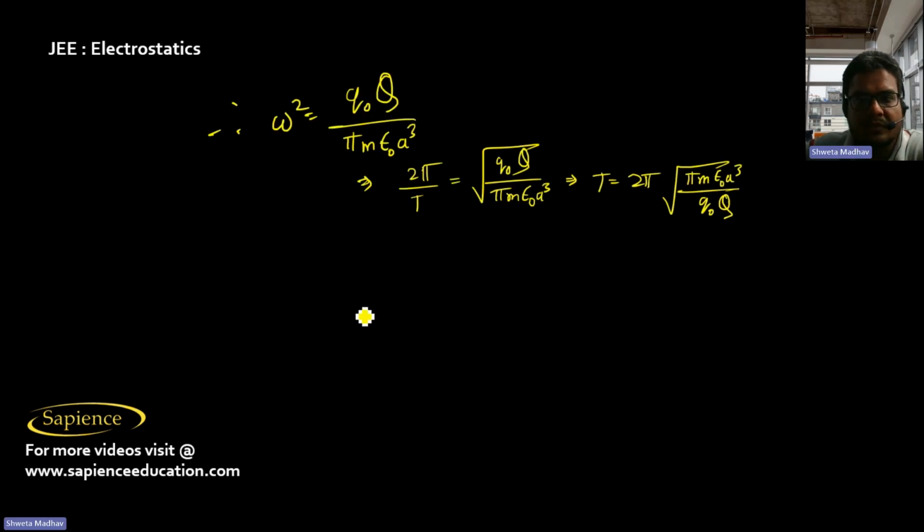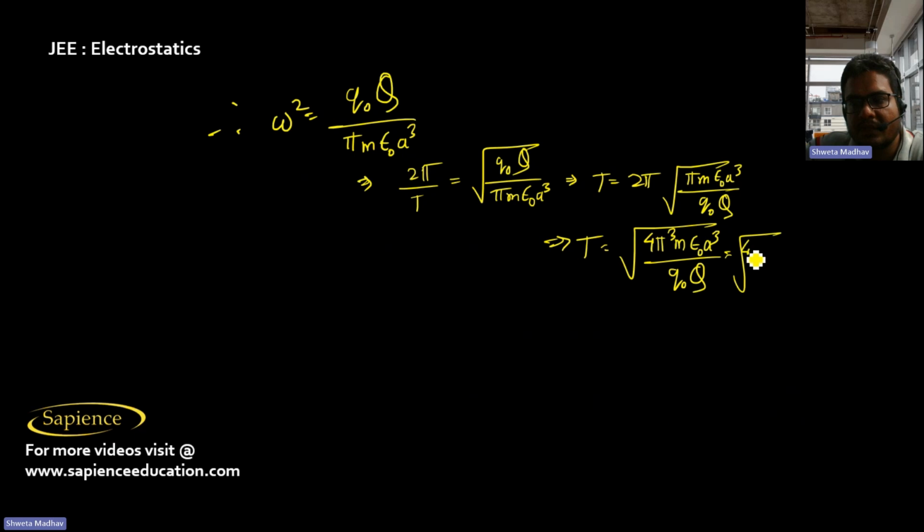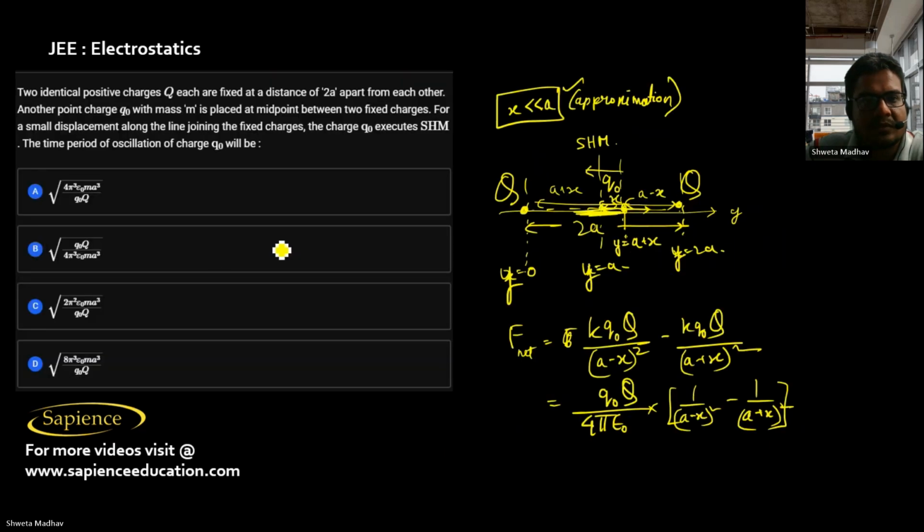If you take 2 pi inside, we have 4 pi square, so T will be equal to root over 4 pi cube epsilon naught m a cube by q naught q. So option A is the correct answer.